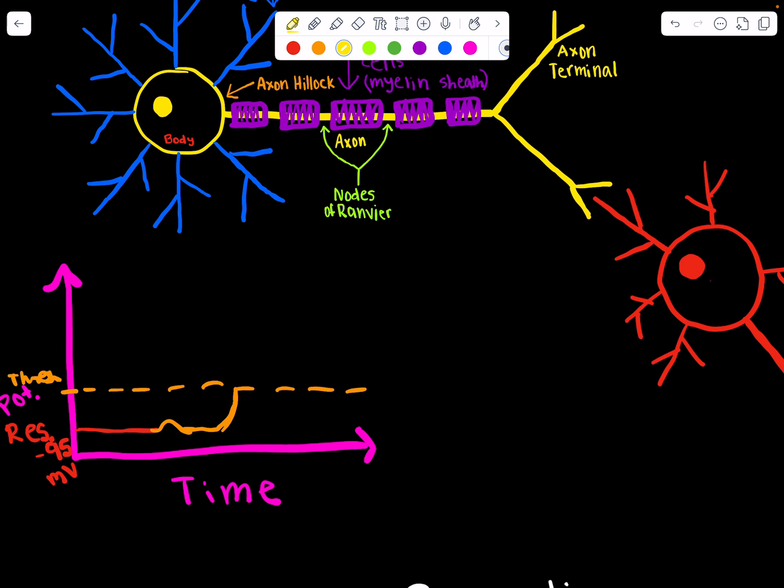Once it reaches the threshold, or if and when it reaches the threshold, then it will start activating voltage-gated channels which make the neuron even more positive. This is called an action potential, and it's much, much more effective than a graded potential.